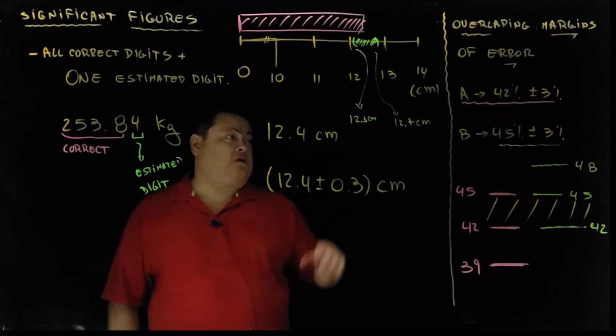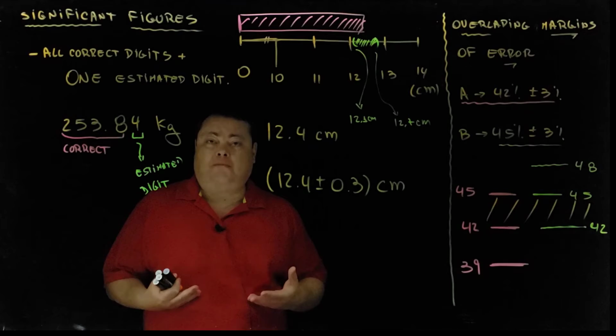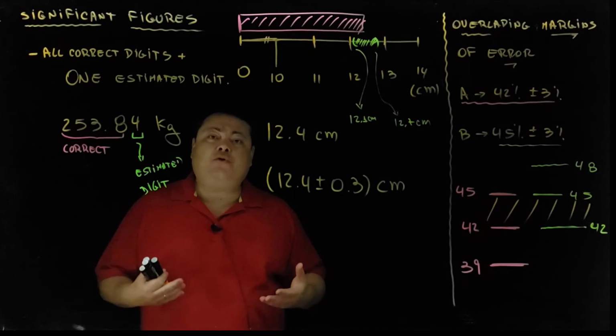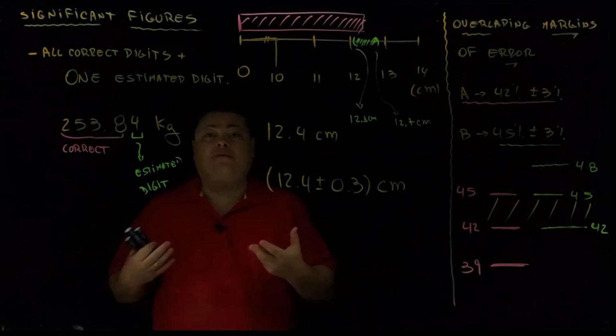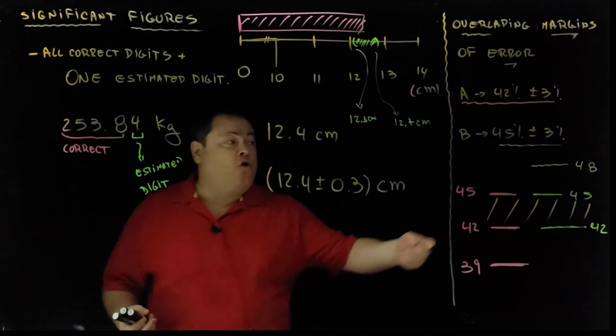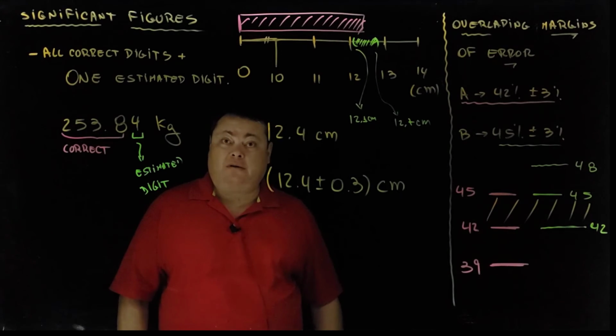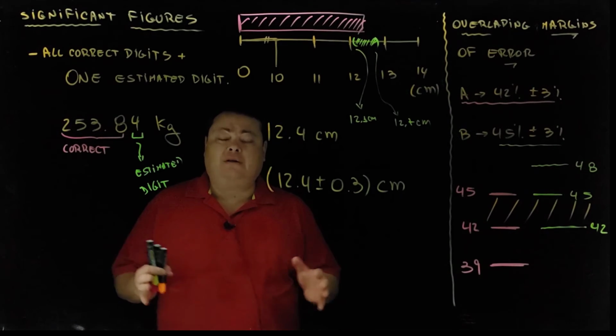Yes, I know that as it looks like, B is more likely to win, but they are technically speaking matched. So anytime we take a measurement or we calculate something in physics or in science, and we have an overlap of the margin of error, we can say that the results are in agreement. I'm not going to say they are equal, but they are in agreement.